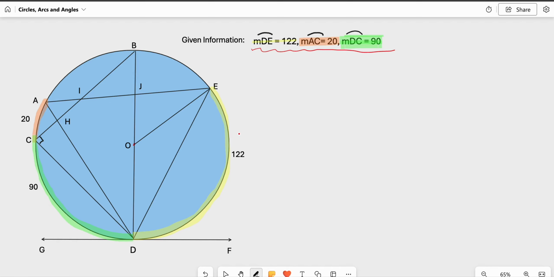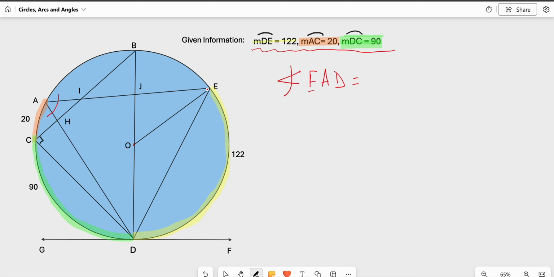So let's see, for example, let's say I need to find angle EAD. Let's say I need to find this angle here. EAD.